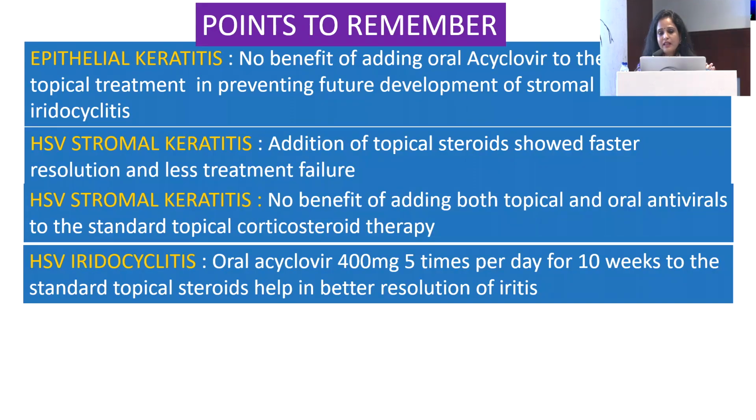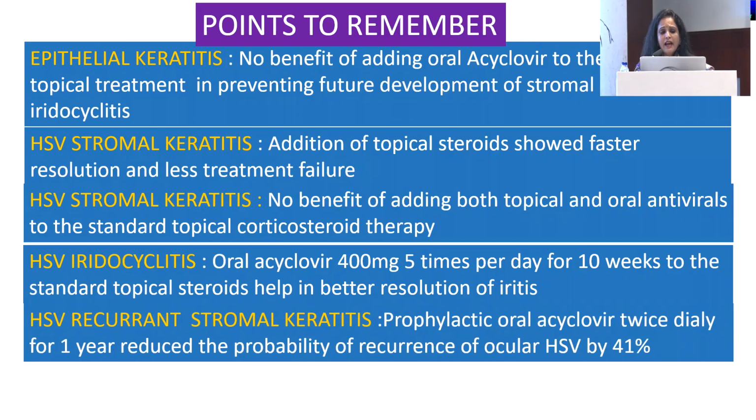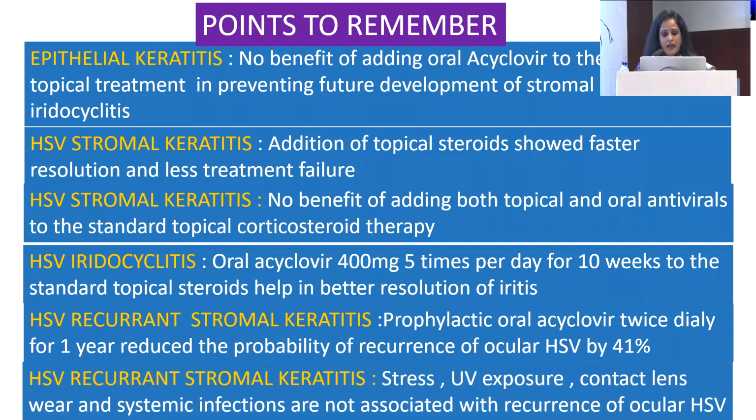In patients with iridocyclitis, always give oral acyclovir 5 times for 10 weeks, and topical steroids help in better resolution. In patients with recurrent stromal keratitis, always give prophylactic oral acyclovir for at least 1 year. And remember that stress, UV exposure and contact lens wear are not associated with recurrence of ocular HSV.